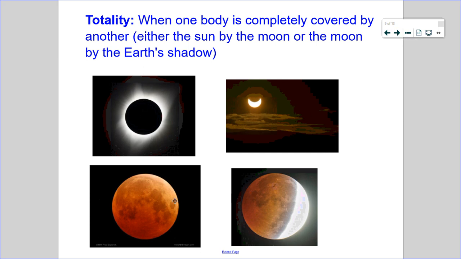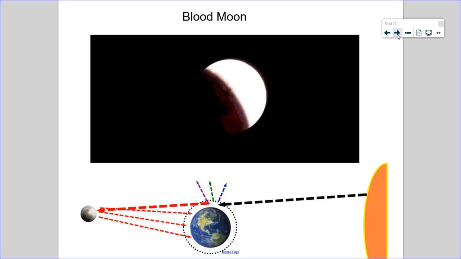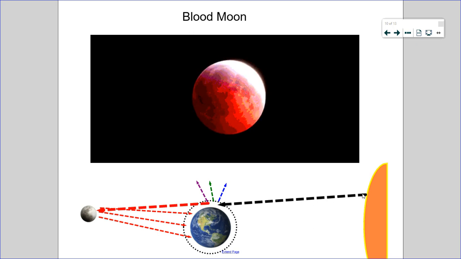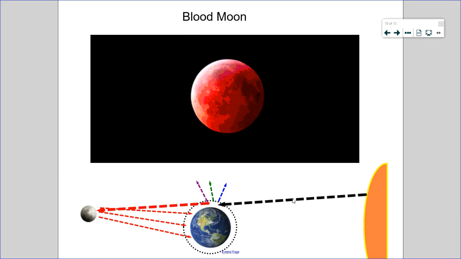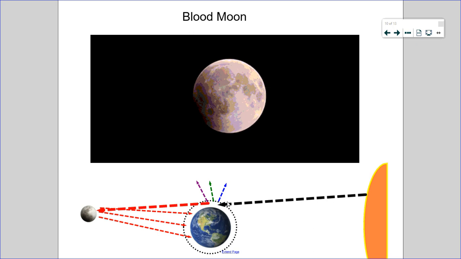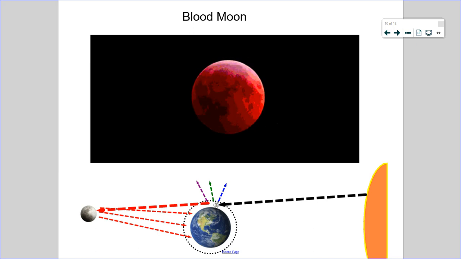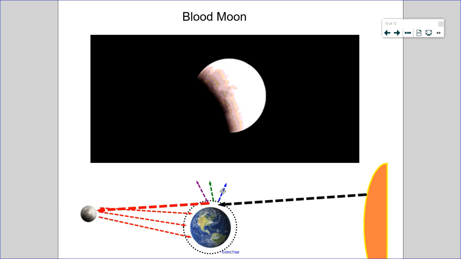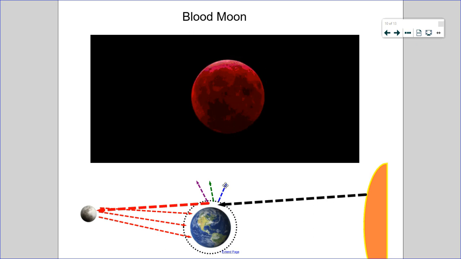One more thing I want to point out is if you look at a lunar eclipse, whether it be partial or total, it's not like the moon totally goes black. In fact, it stays a little bit red. And that's because of a really cool atmospheric phenomenon that is basically like the sunset. As the sun's rays skim right through our very thin atmosphere, all of the shorter wavelength, higher frequency light gets scattered.